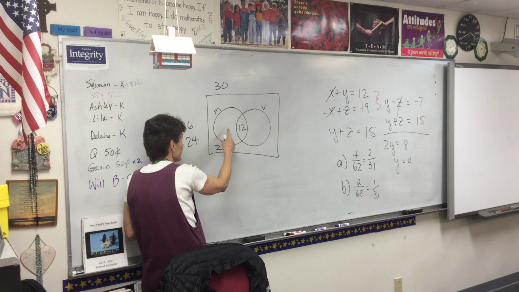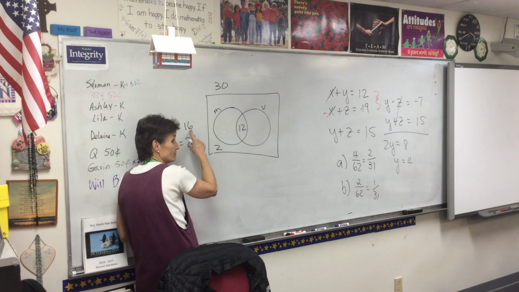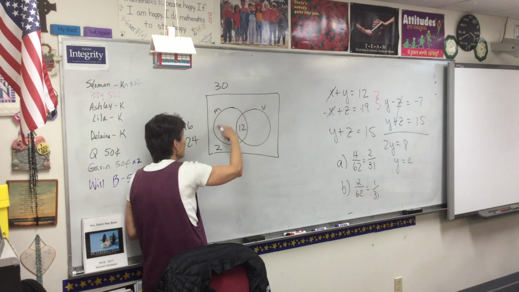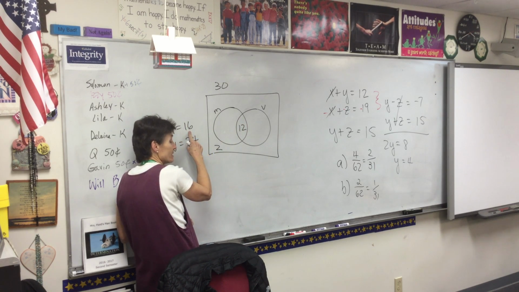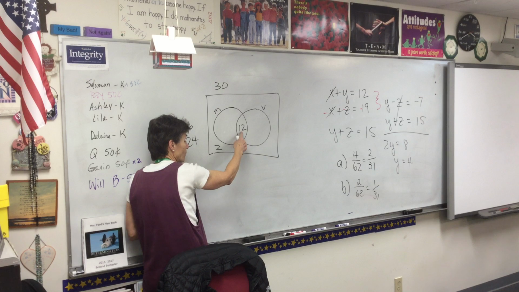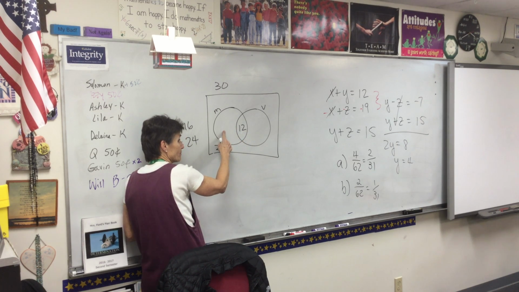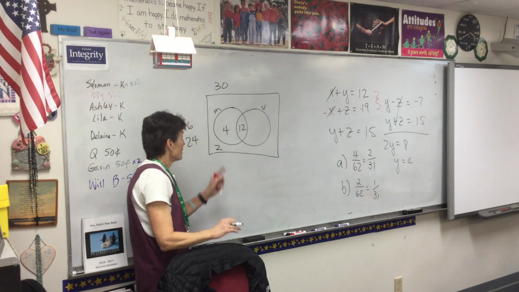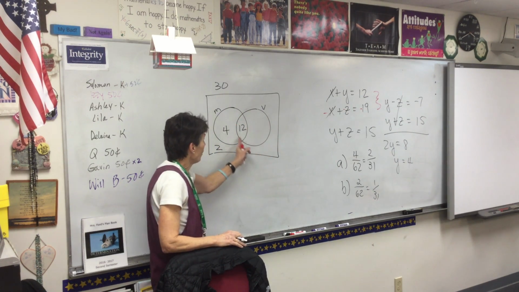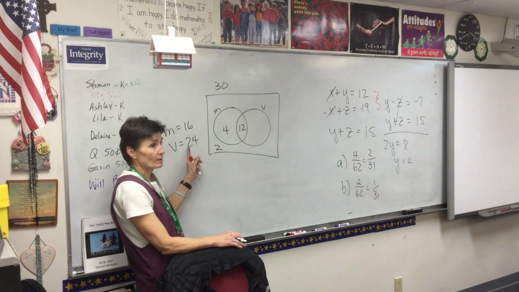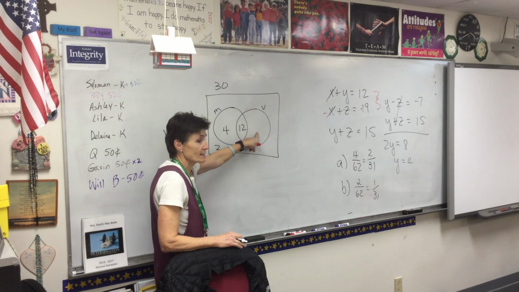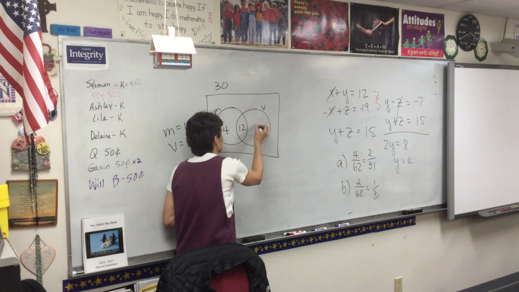The entire M ball is 16. 12 is already here, so what's here? 4. This entire ball is 24. But 12 are already here, so what's this? 12.